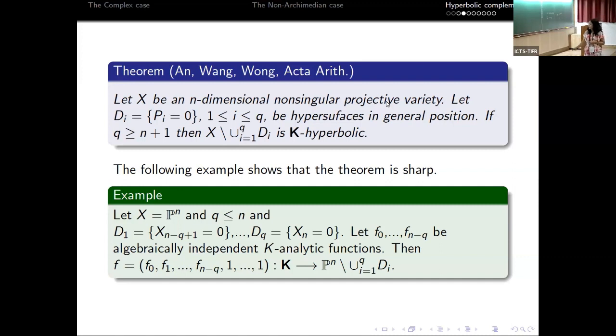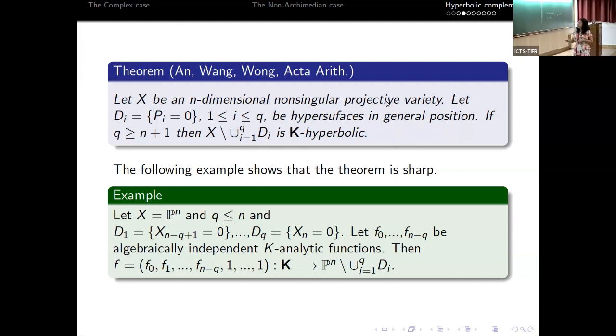And here we also can get, if it is any projective non-singular variety, then if we omit big enough hypersurfaces, so here we need to omit at least n plus 1 hypersurfaces in general position, then we get the answer.